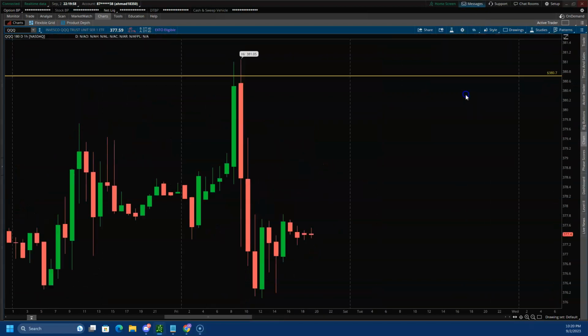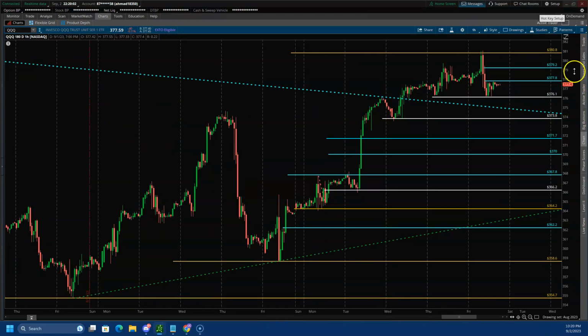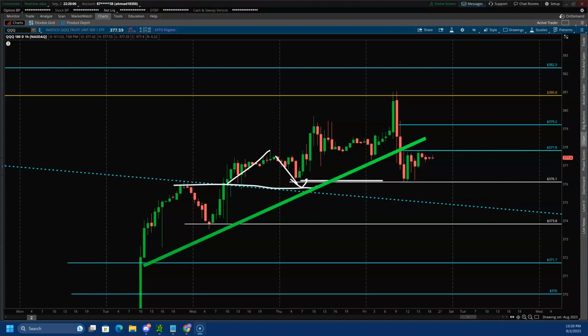But if I bring the levels here, you can see these are lower time frame levels, and that's the downtrend line that we broke out of, right? Then we retested that level, this 376 one, right? And on Friday and on Thursday, we bounced from there. The Thursday bounce took us all the way up.